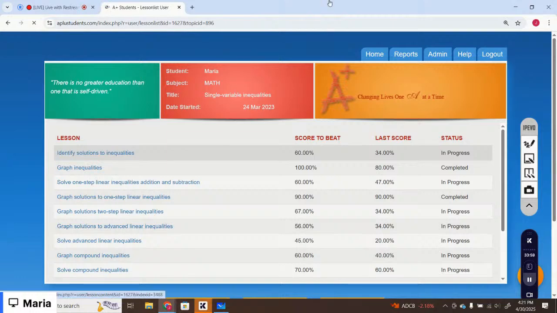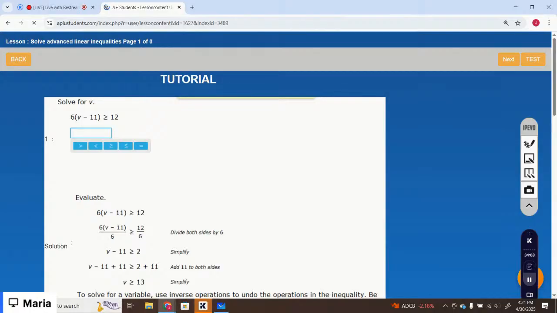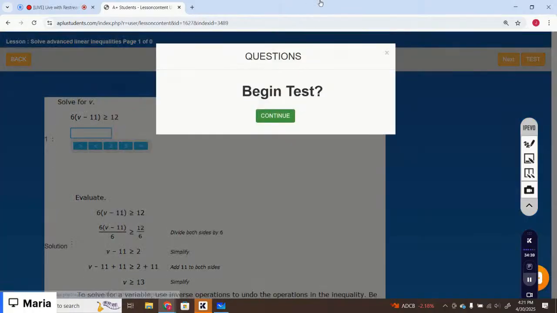The next lesson is solve advanced linear inequalities. Let's just start with the test questions.